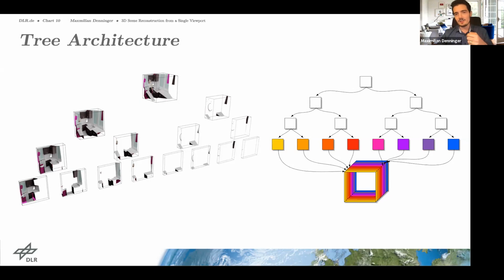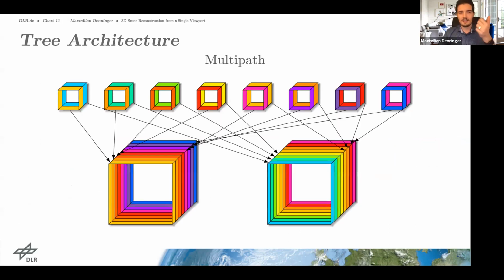The problem with this is that you create a bottleneck, because you only create one 3D block. These 3D blocks here have a resolution of 32 to the power of 3, and our output, as I mentioned earlier, has a size of 32 to the power of 3 times 64. So better would it be if we already have a higher resolution, a higher amount of 3D blocks here. For that, we use something we name multipath. And so we have here on the top now our leaf nodes.